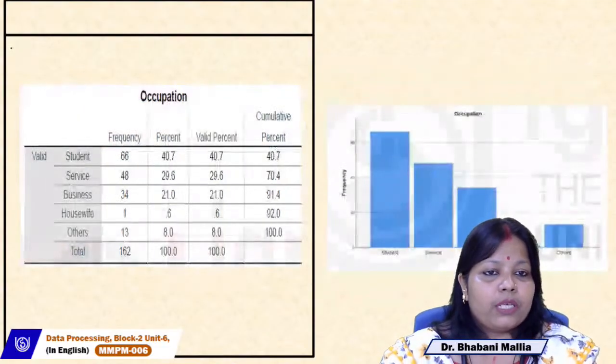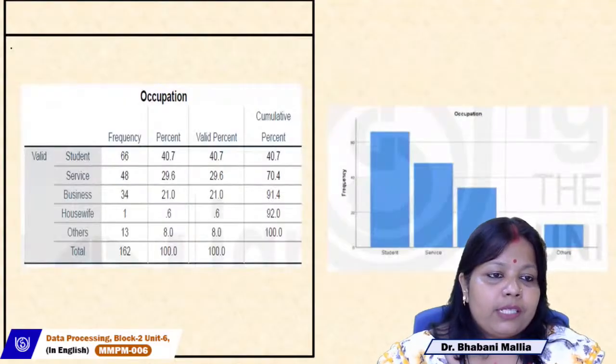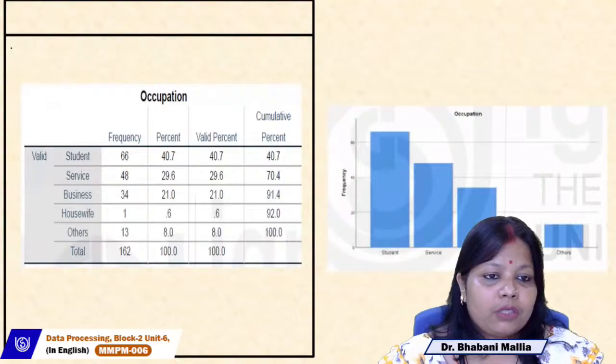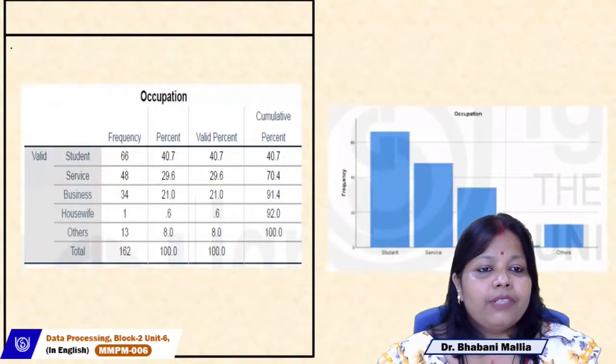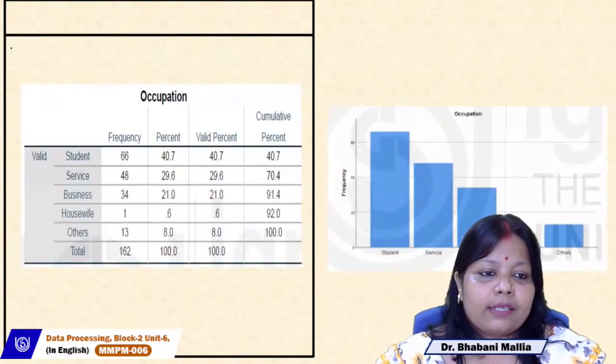Now coming to occupation, we have divided into a few categories like student, service, businessman, housewife, and others. Here we can see 66 respondents are students, and 48 are service holders.